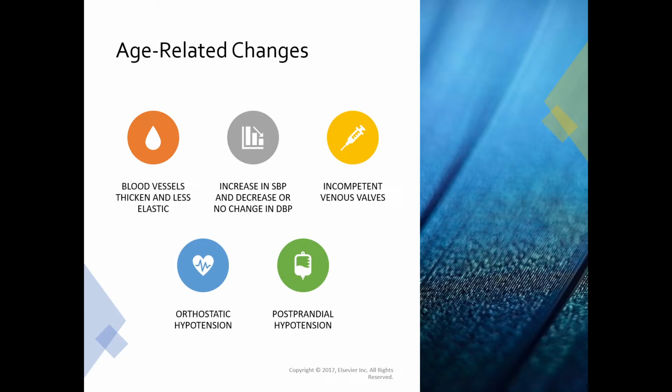So, what happens with aging as we age? Well, again, this is just to repeat. Blood vessels are going to thicken; they'll become less elastic. Systolic could go up or decrease. A lot of problems we're seeing with elderly right now is that because they have a history or an active diagnosis of hypertension, we put them on multiple antihypertensives, send them home, they get dizzy, fall, hit their head.